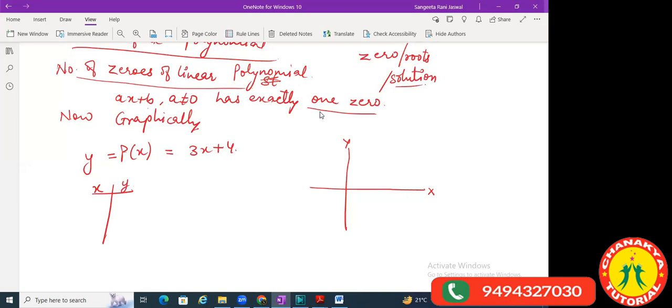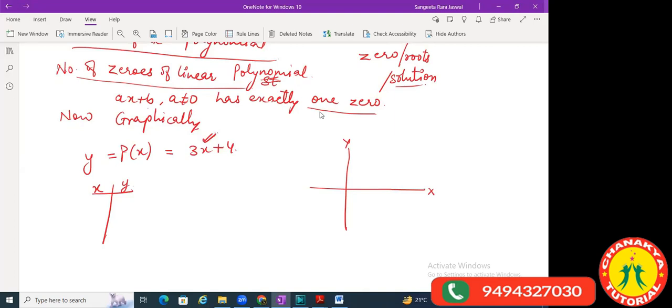Do you remember that? What is dependent variable? What is independent variable? Ma'am, y is the dependent. Yes, y is dependent and x is the independent variable. y depends on the value of x.